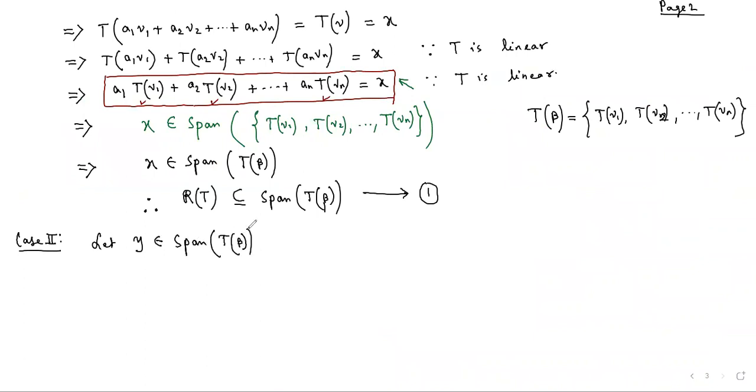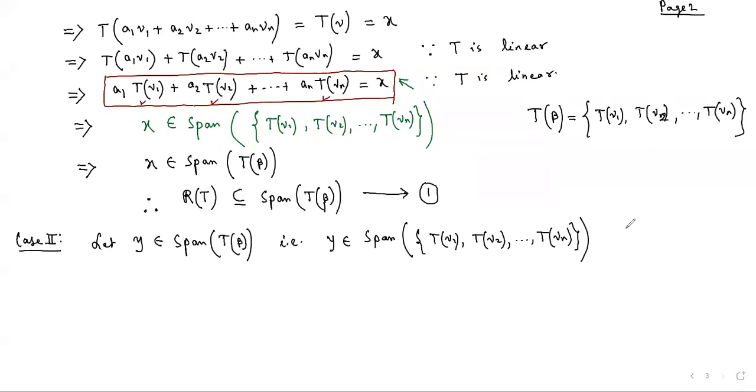So we choose an element Y from span of T beta. We choose an element from span of T beta, that is, Y belongs to span of this particular set, Tv1, Tv2, ..., Tvn. Okay.